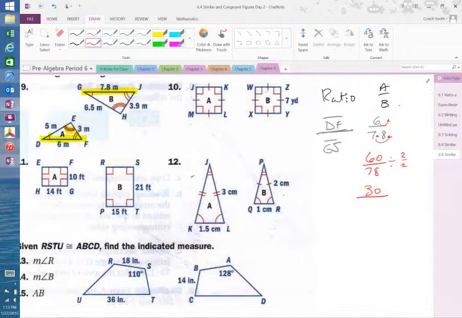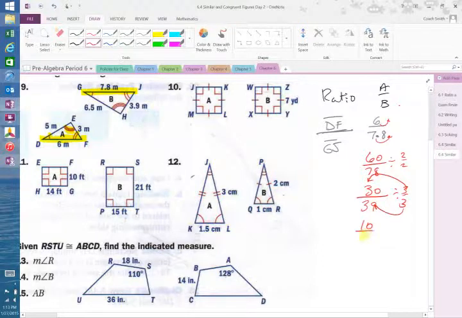Two goes into 78 how many times? 39. Now, is there a common factor between 30 and 39? 3. So I divide top and bottom by 3. That means 10 over 13. So the ratio of the side lengths is 10 over 13 for number 9.